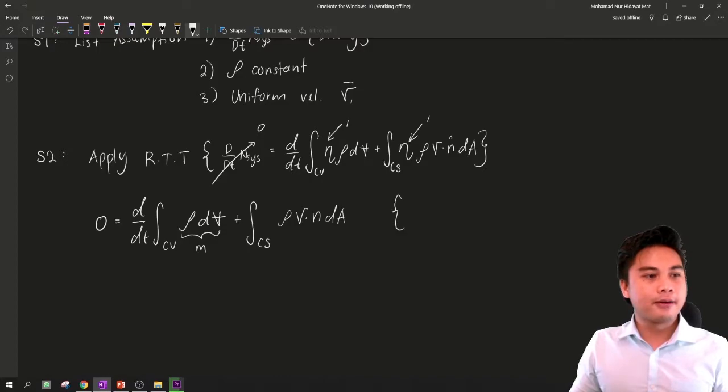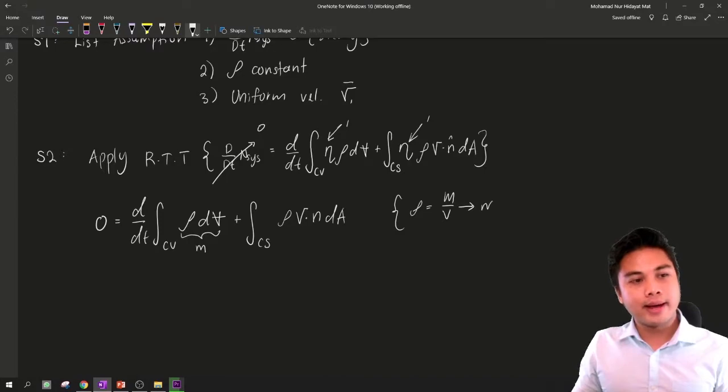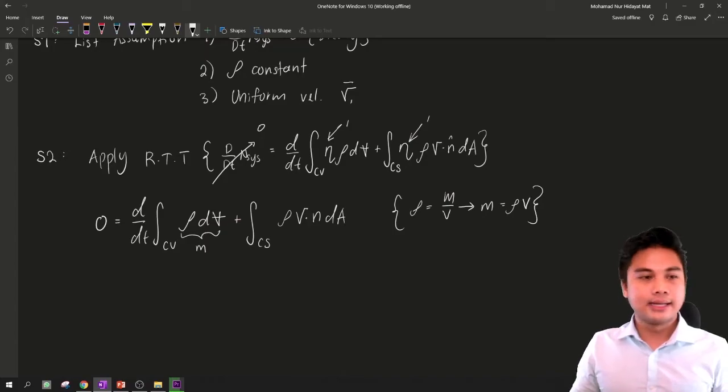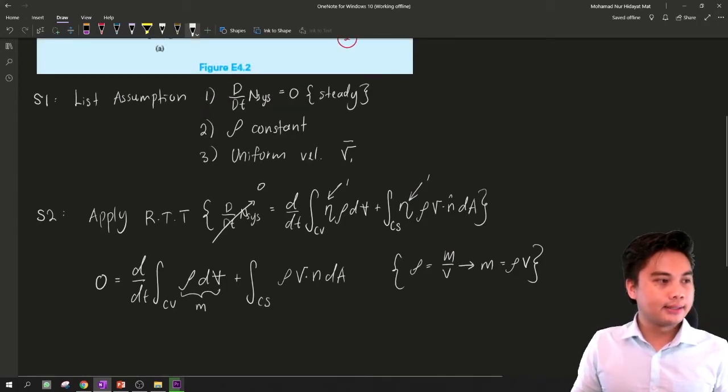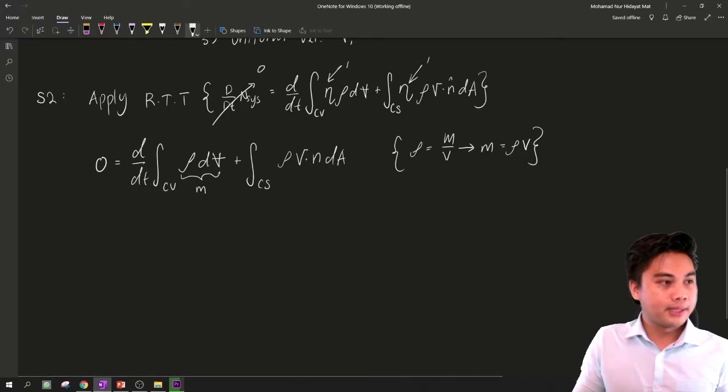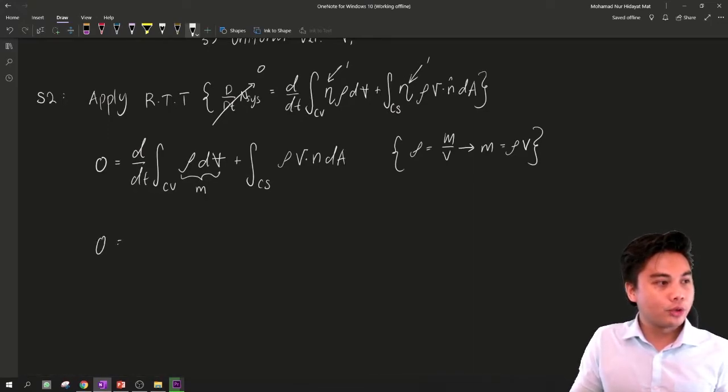Remember that density equals mass over volume, so mass equals density multiplied by volume. Thus, we can replace this one with mass. So 0 equals dm over dt of the control volume.